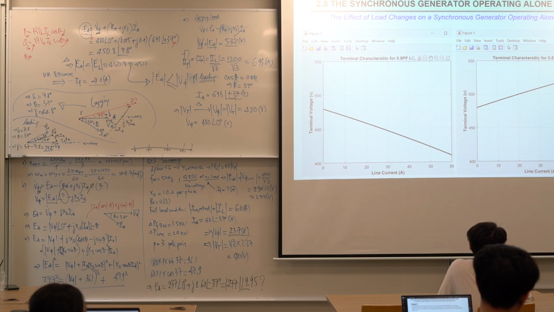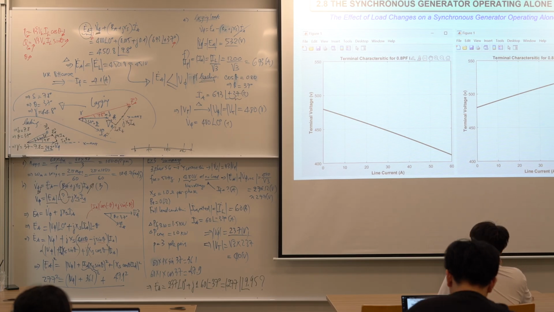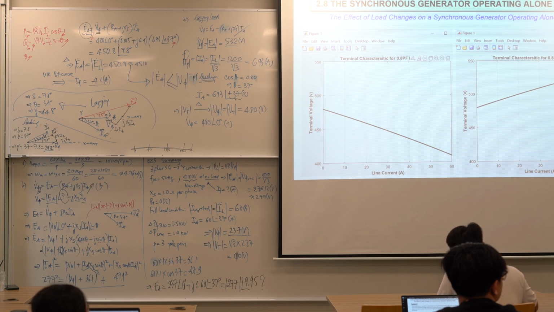Like this, like this. V phase is EA minus jXSIA, and this is positive. If you move to the left side, you get V phase plus jXSIA positive. And then, after that, you can see V phase is 309, and EA is only 277.